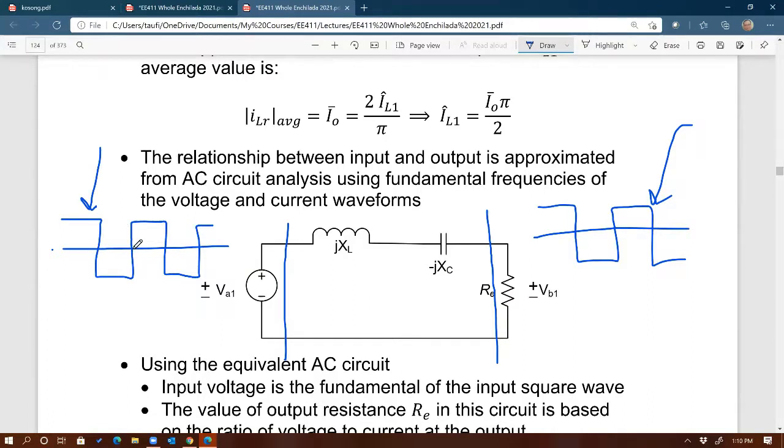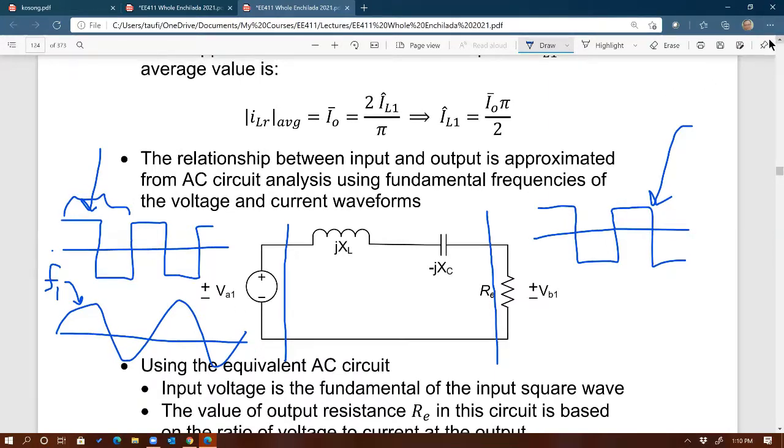We know that a square wave contains multiple components, not just the fundamental component, but also harmonics number 3, 5, 7, 9, and so on. So we only look at harmonic number 1, which is the fundamental component. That's going to be a sine wave at the fundamental frequency F1, the same as this frequency right there. So that's the approximation that we're going to do, the sinusoidal approximation.